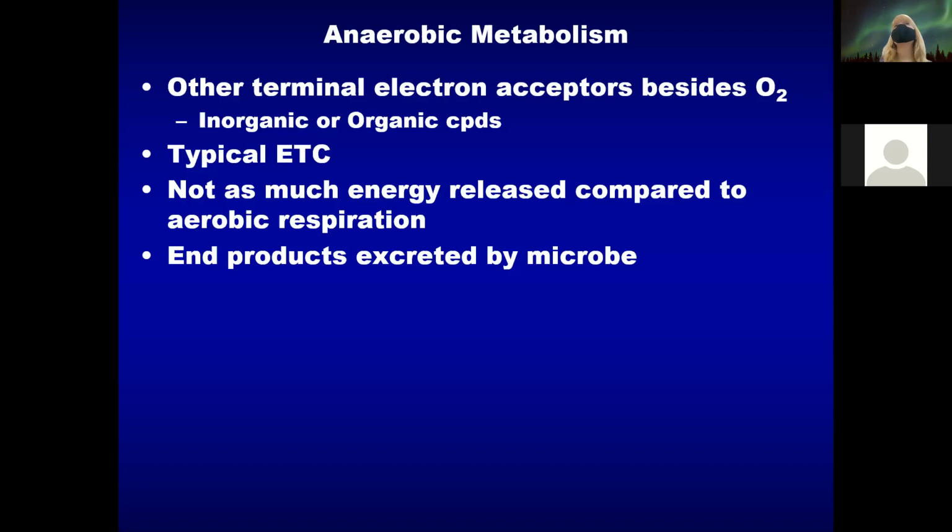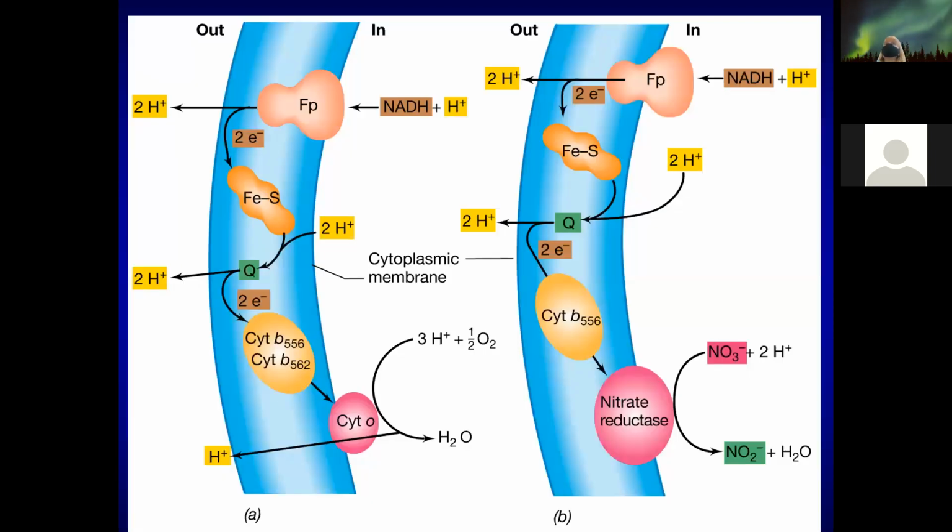So let's compare. For some of you who've had Gen Micro, this should look familiar. This is a nice comparison trying to get across the point of what happens if oxygen is being used versus something else besides oxygen. On the left, you see oxygen as the final electron acceptor. NADH is donating some electrons, and these are the donors and acceptors, all right? They're just passing the electrons.